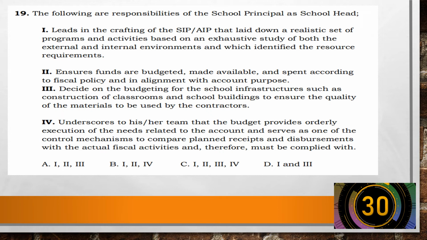2. Ensures funds are budgeted, made available and spent according to fiscal policy and in alignment with account purpose. 3. Decide on the budgeting of the school infrastructures, such as construction of classrooms and school buildings, to ensure the quality of the materials to be used by the contractors. 4th, underscores to his or her team that the budget provides orderly execution of the needs related to the account and serves as one of the control mechanisms to compare planned receipts and disbursement with actual fiscal activities and therefore must be complied with.